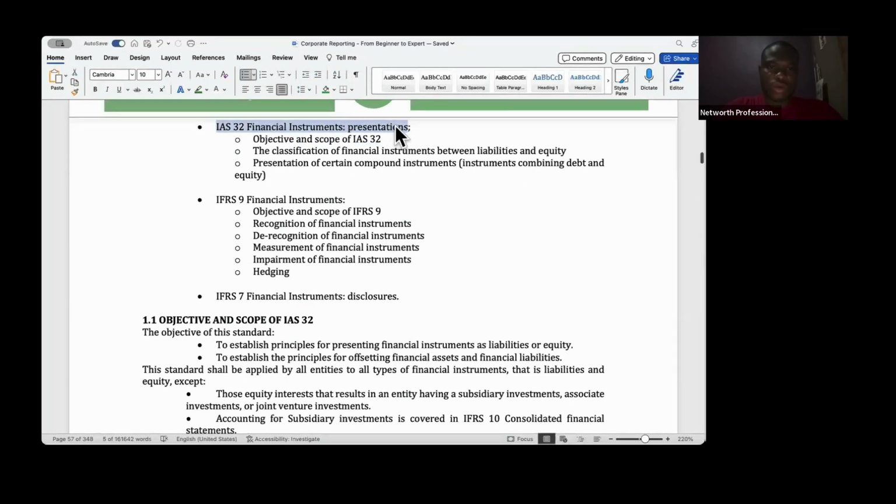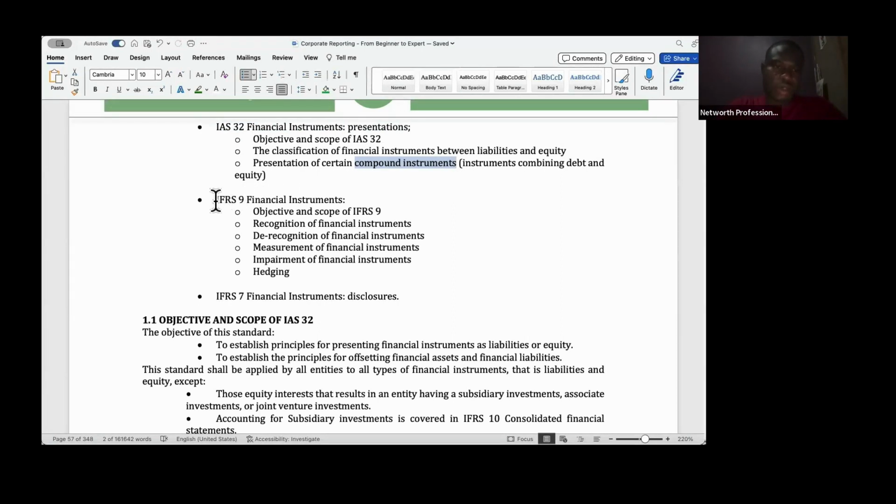What IAS 32 would do for us majorly is make us understand what a financial instrument is, looking at the objective and scope, the classification of financial instruments between liabilities and equity, and also compound financial instruments. So basically, those are what we will look at in IAS 32.